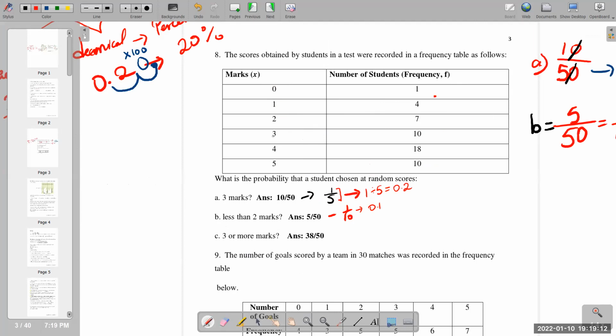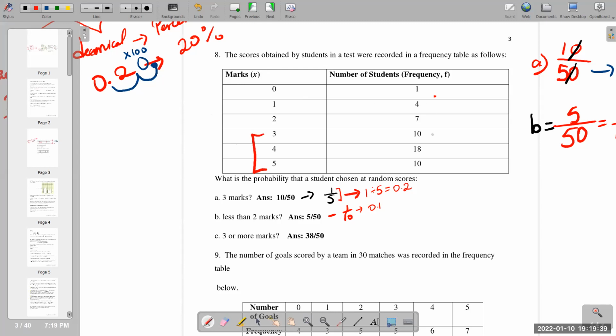So should we start at 3 or should we start at 4? Okay, Chloe says start at 3. Do you guys agree? Yep. So that means we need to consider everything from 3 or more, which would be up to 5.